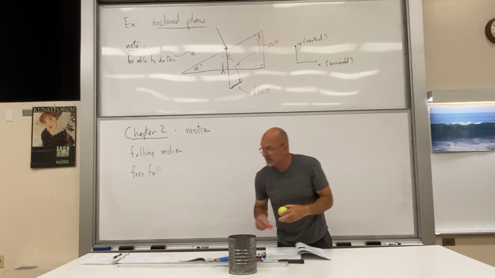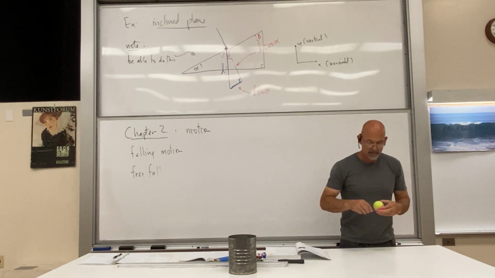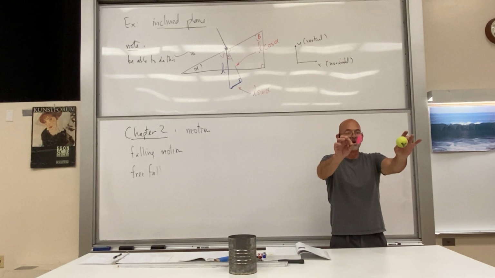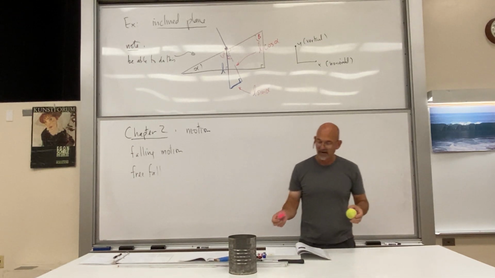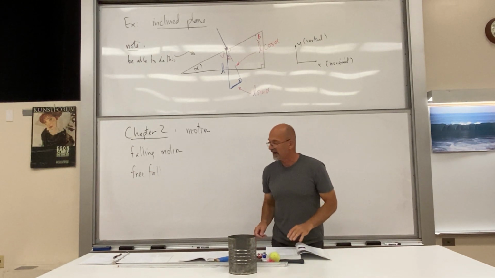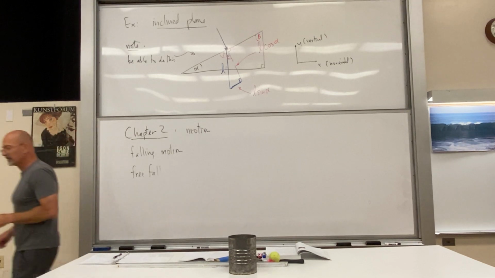Okay. What about the feather and the tennis ball? On your marks, get set. Also the feather is slower, the tennis ball faster. So far, so good. I need a couple of other items here.